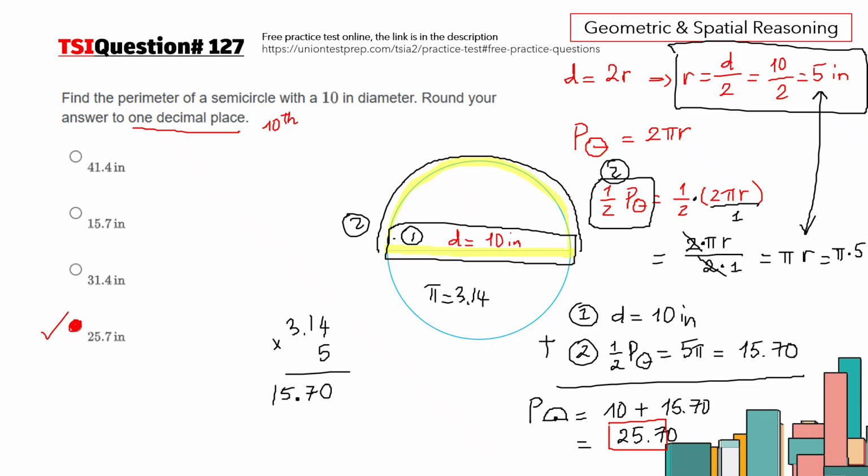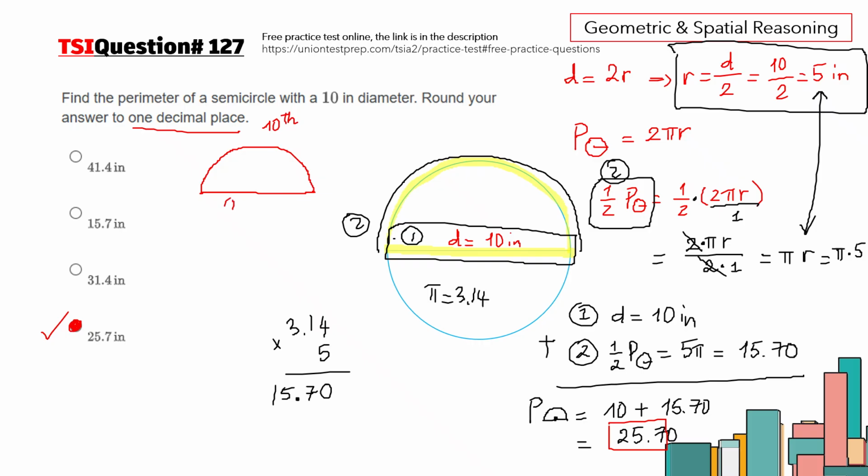So remember, the semicircle comes from the diameter and half of the circle. That is the shape of a semicircle. The perimeter is the length around the shape, which involves two parts.